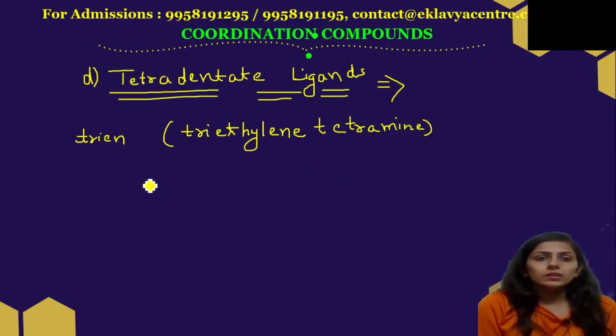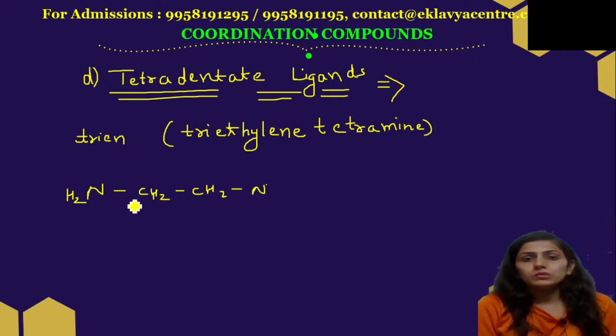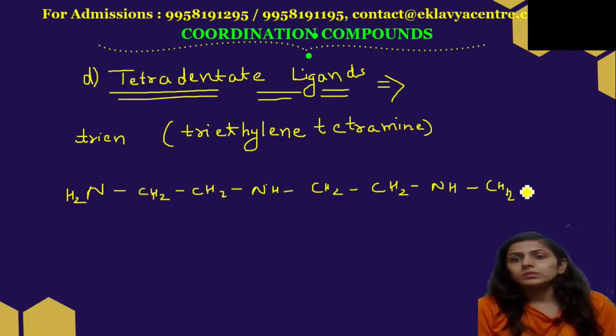So we have NH2, CH2, CH2, NH, CH2, CH2, NH, again CH2, CH2, NH.